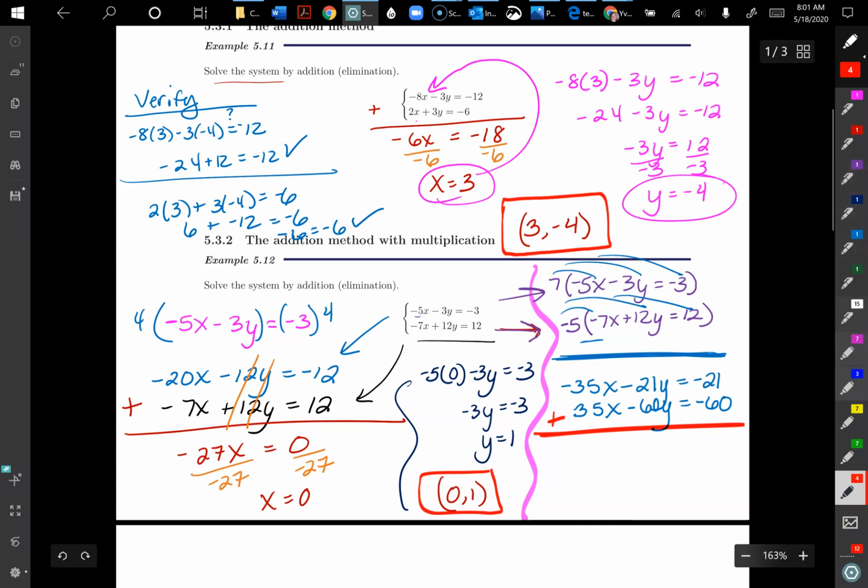So these zero out, and I get -81y equals -81. Divide both sides by -81, and I get y equals 1. So I get the same answer. It's just that I can back sub to get it. This is called back sub.